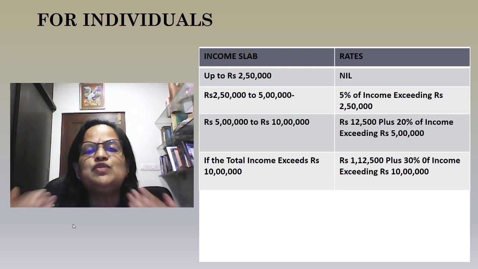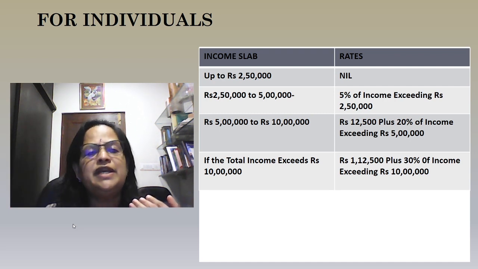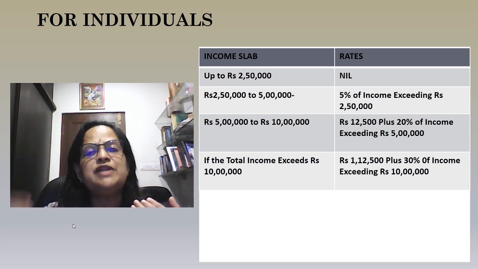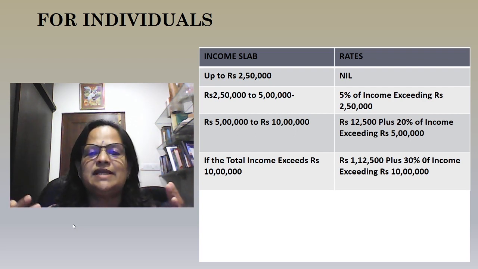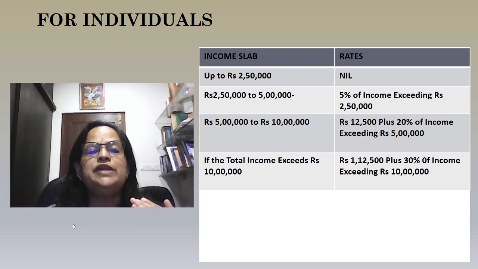Now the next slab is 5 lakhs to 10 lakhs. So the previous slab 12,500 he has to pay. So his income is exceeding the previous slab. That is why 12,500 plus 20% of income exceeding 5 lakhs. That meaning if imagine his income is 6 lakhs. So 12,500 plus 1 lakh into 20 by 100.